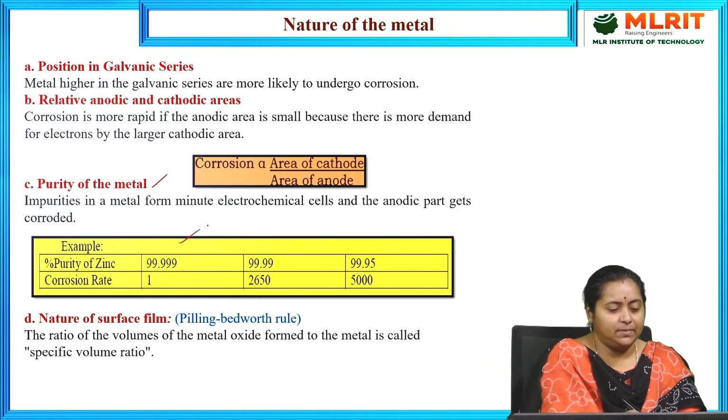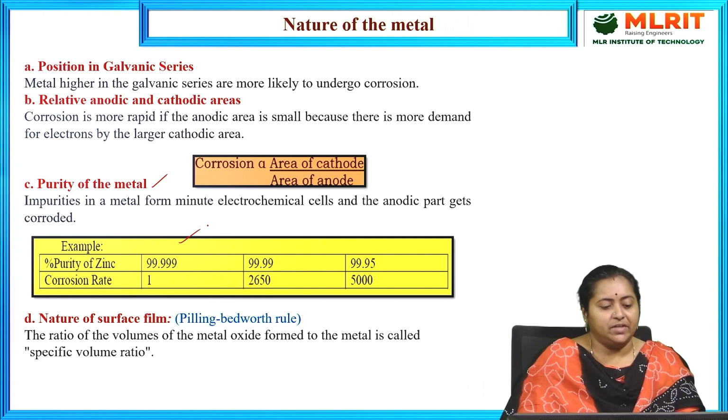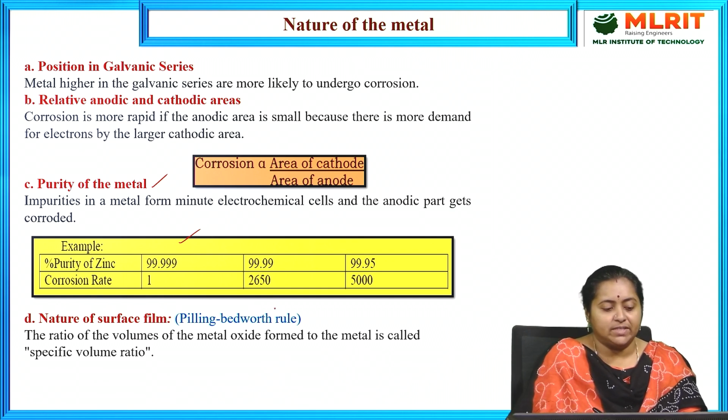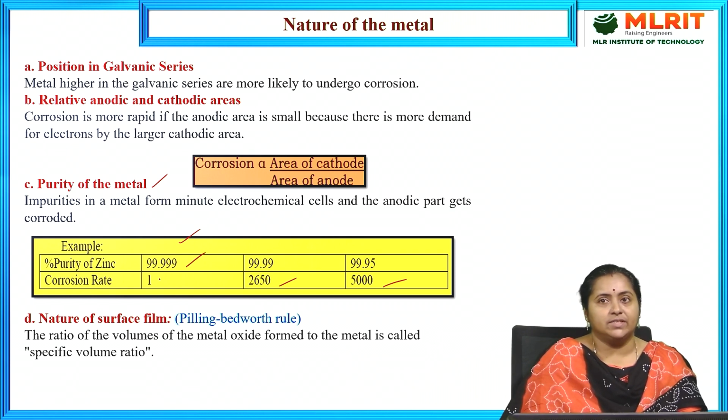Here one example is mentioned, that is the purity of zinc. It is 99.999%, and the corrosion rate is 1. If the purity decreases, then the corrosion rate increases, if you notice. Here it is more pure, so the corrosion rate is considered to be 1. If it is only 99.99% pure, and in the remaining percentage we have added impurities, then it will increase to 2650.